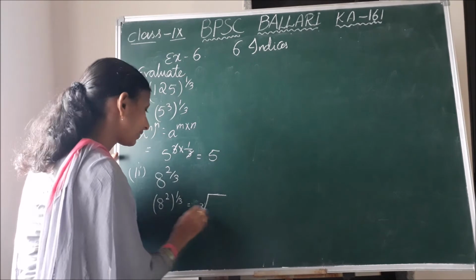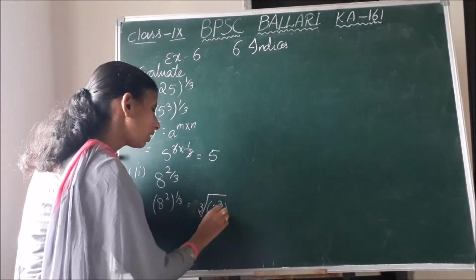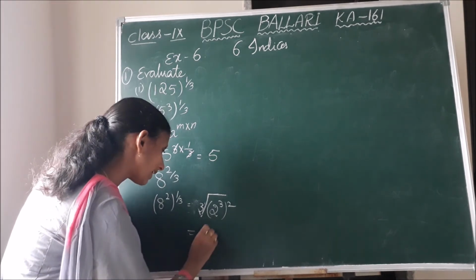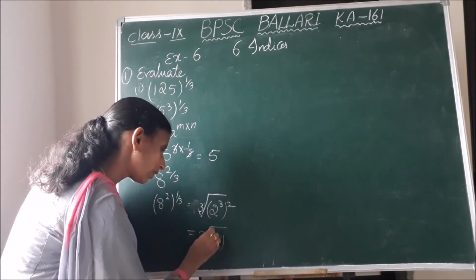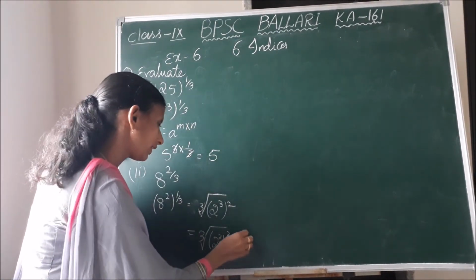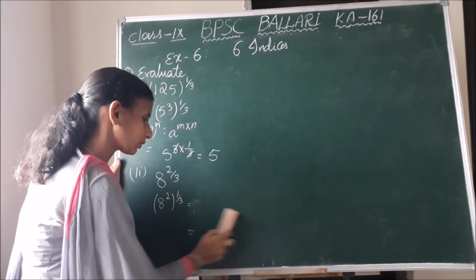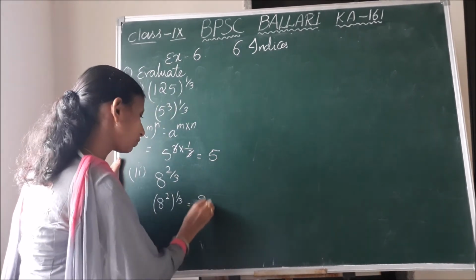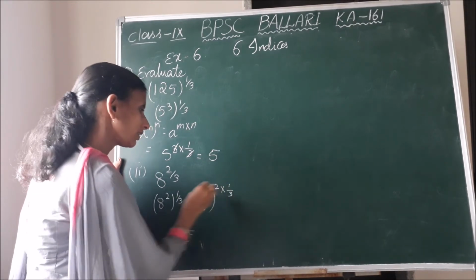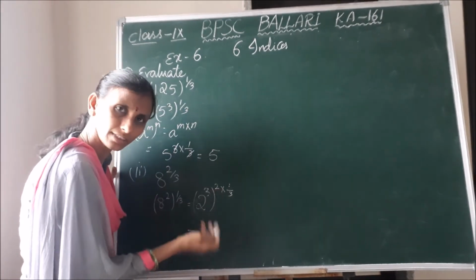8 square means what we can write? 2 cube whole square. Right? So I can write this as 2 square whole cube. Or else, instead of writing like a cube root, you can write directly like this. 2 cube whole square into 1 by 3, or else 2 cube into 2 cube whole power 2 by 3 as it is.